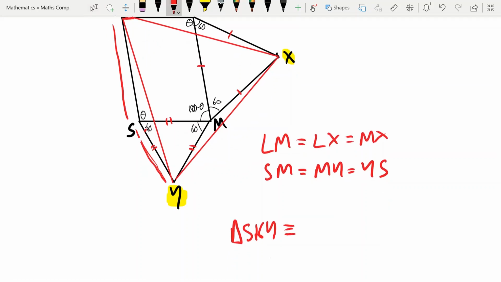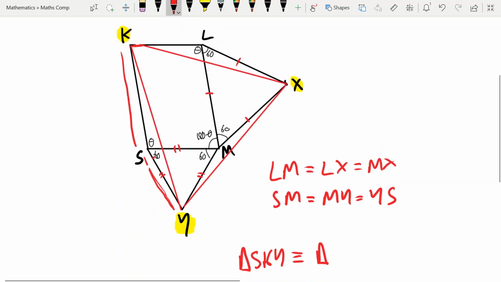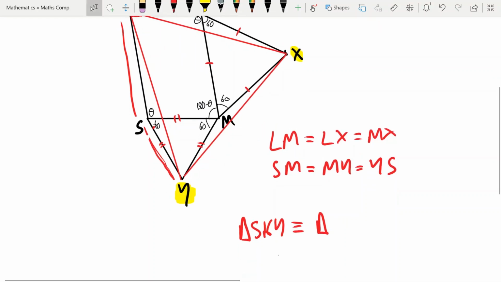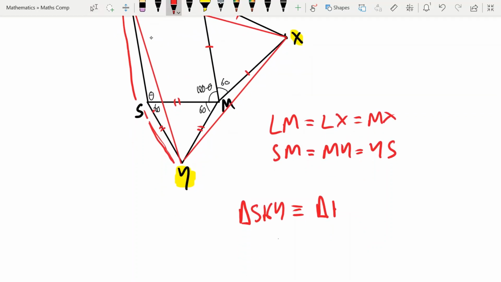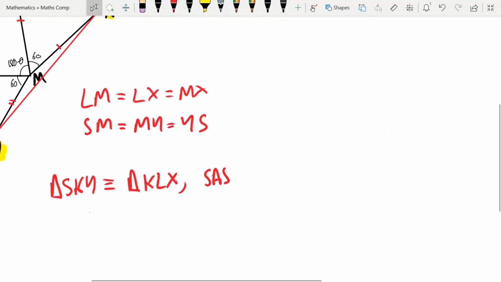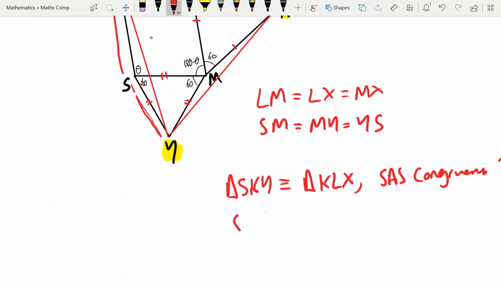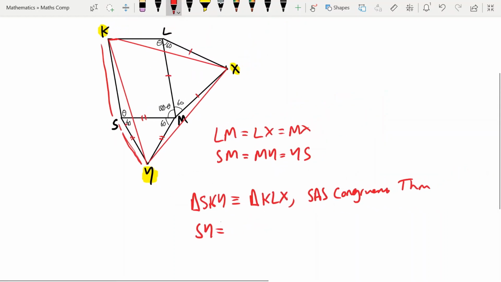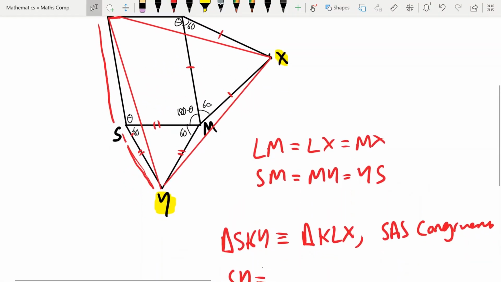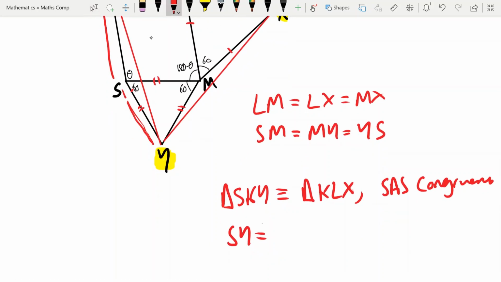So this triangle is the exact same as triangle KLX, and this is because of the SAS, side angle side, congruence theorem, because SY is equivalent to KL, because this is an equilateral triangle.